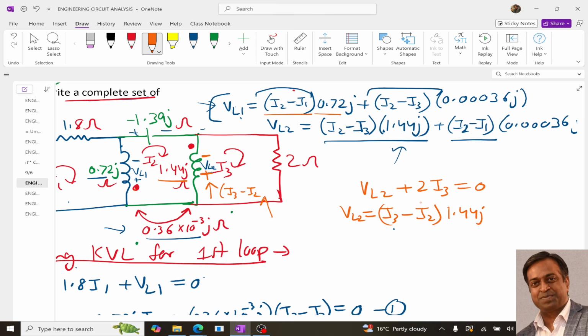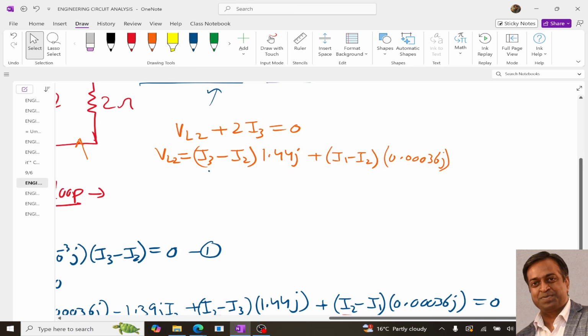The current will leave this node if the current is I1 minus I2. So I1 minus I2 into the mutual inductance, which is 0.00036 J.